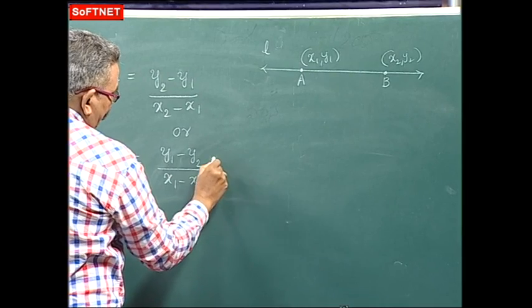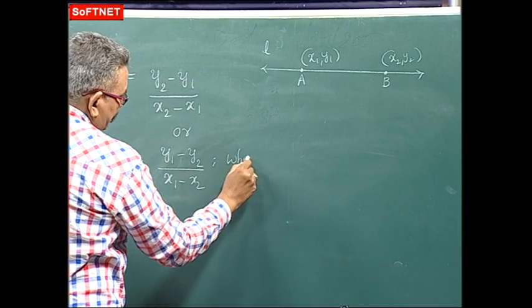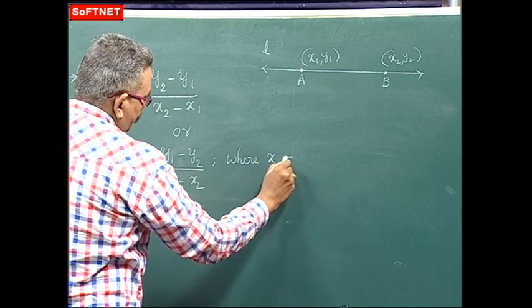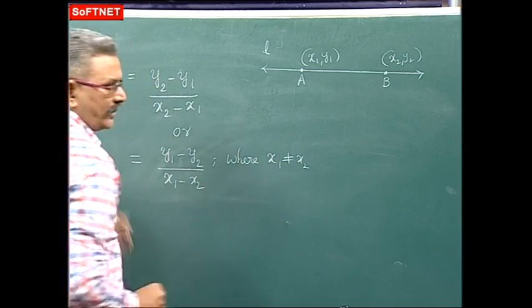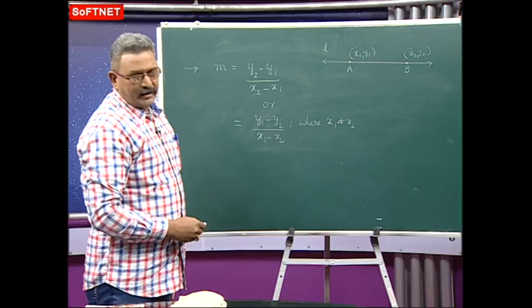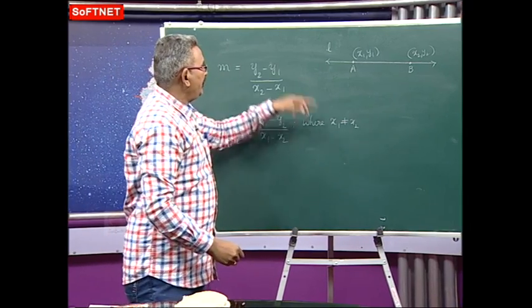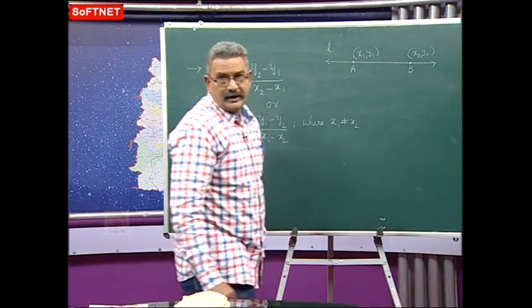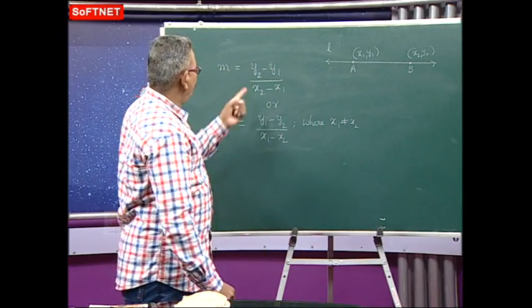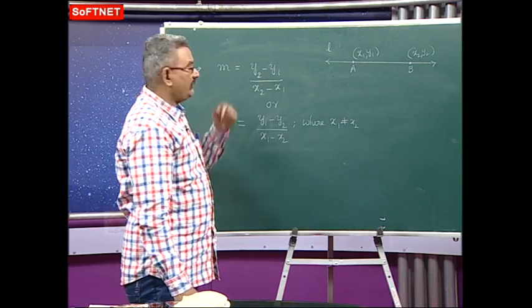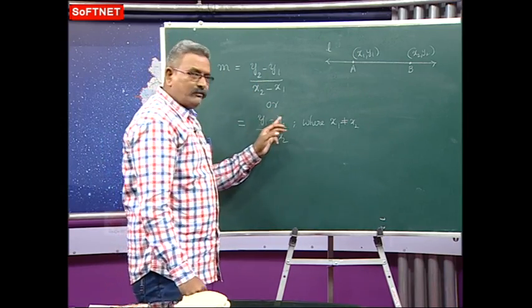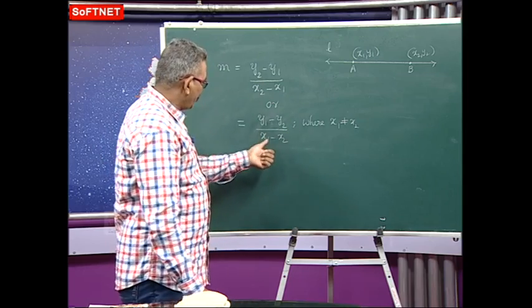In both cases, x1 does not equal x2. So the slope of a line passing through x1, y1 and x2, y2 is given by y2 minus y1 by x2 minus x1, or y1 minus y2 by x1 minus x2.